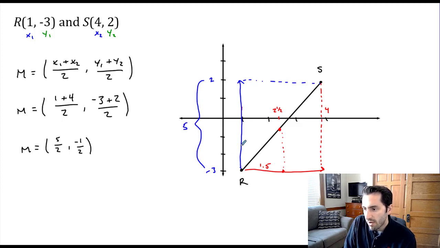If I want to go halfway, half of 5 is 2.5, so I'm going to add 2.5. So then going from R, adding 2.5 to get up to here, that takes me to a y value of -1/2. And then putting those together, that's our midpoint.